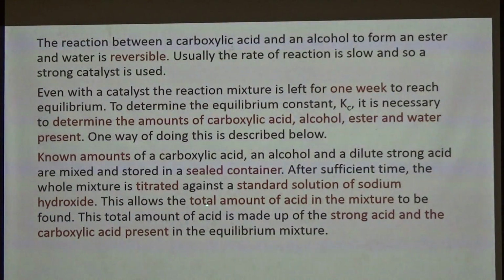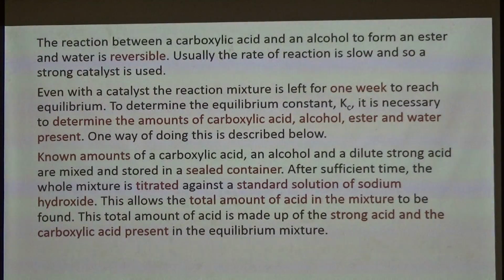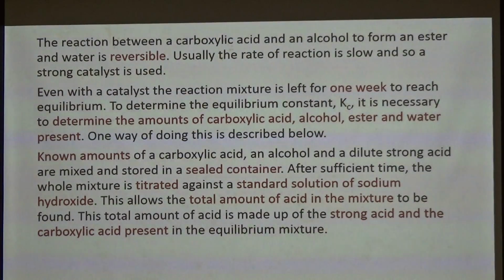When they say the total amount of acid in the mixture, you have realized that they didn't say whether it is the carboxylic acid or the dilute acid, because they are together in the same reaction mixture. So the total amount of acid in the mixture includes both the carboxylic acid as well as the dilute strong acid. This total amount of acid is made up of the strong acid and the carboxylic acid present in the equilibrium mixture. So these are the keywords that you must pick up.